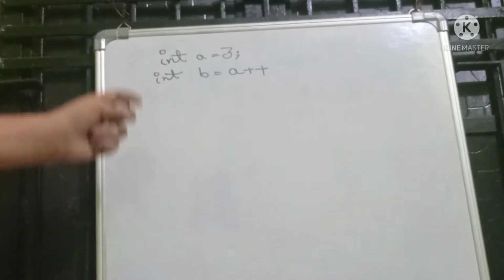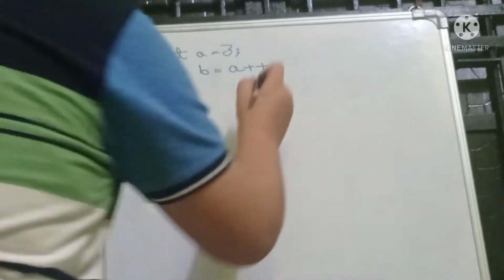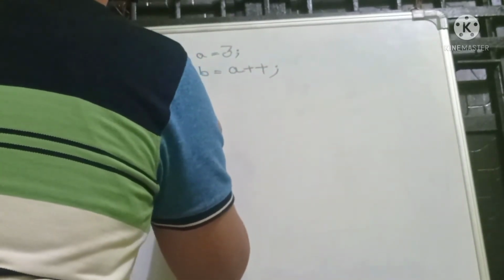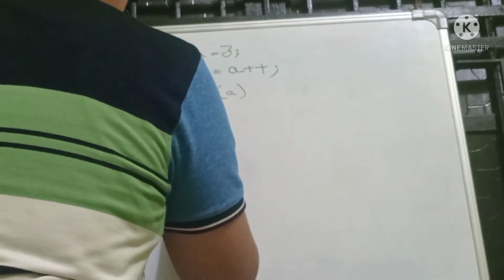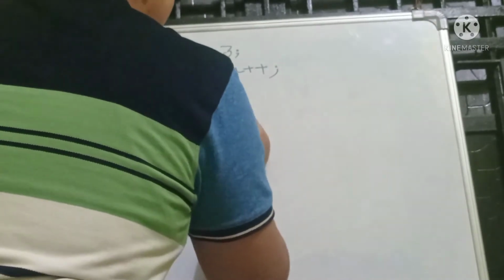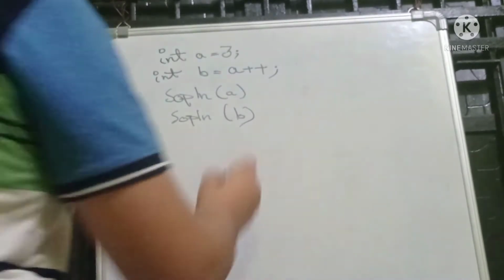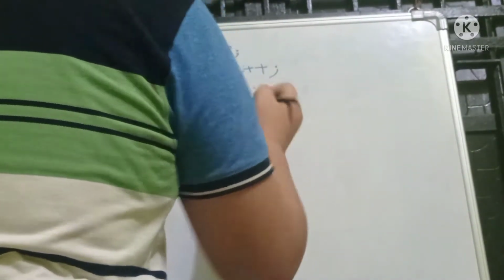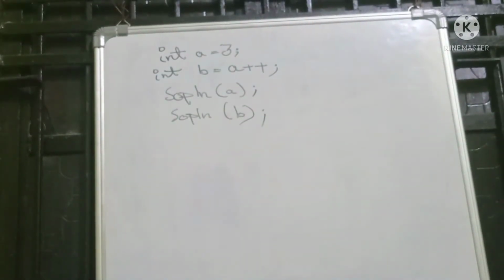Then SOPLN a, SOPLN b. In this program, you have to print the value of a and b. So let's see.